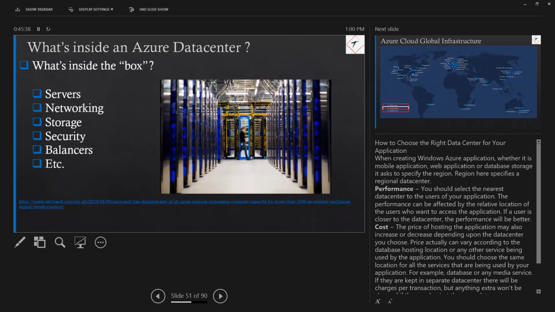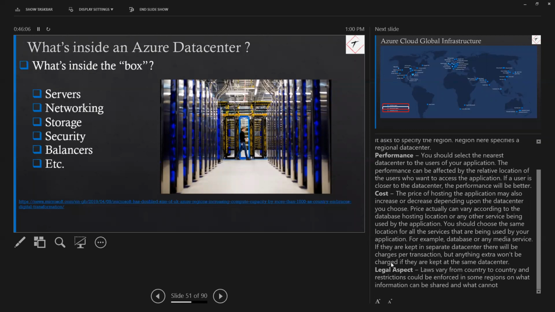A data center has racks of servers, networking, storage, security, load balancers, etc., which are set up in these data centers. While setting up the data center, you need to keep a couple of things in mind. One is performance. You should select the data center which is closer to you. You will also have to look at cost.